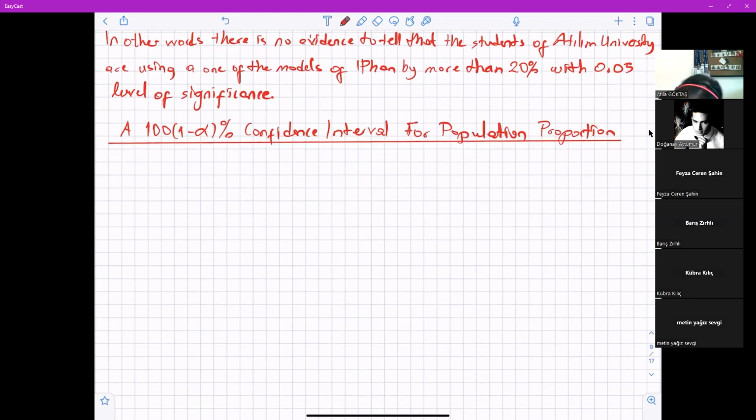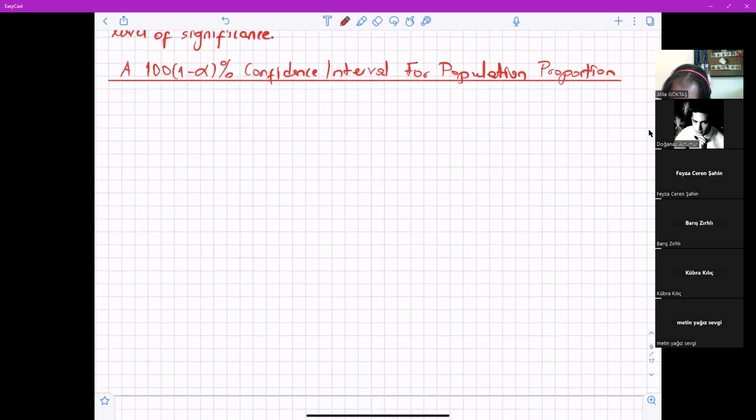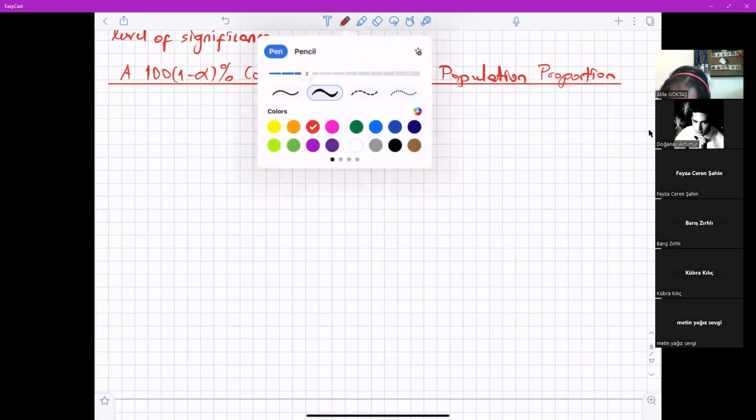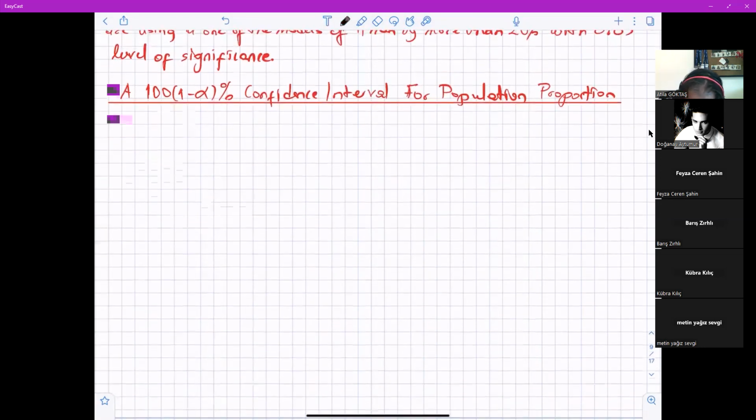Let me show you how we establish the confidence interval.